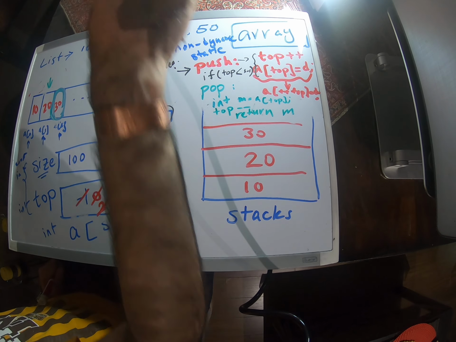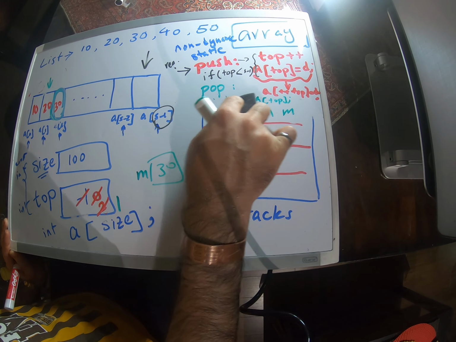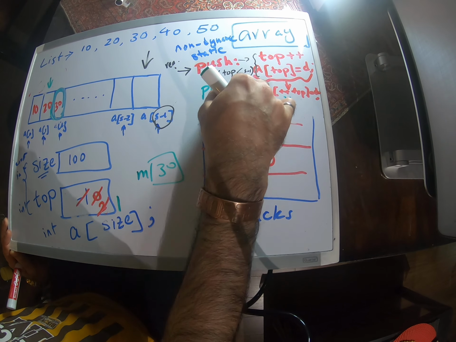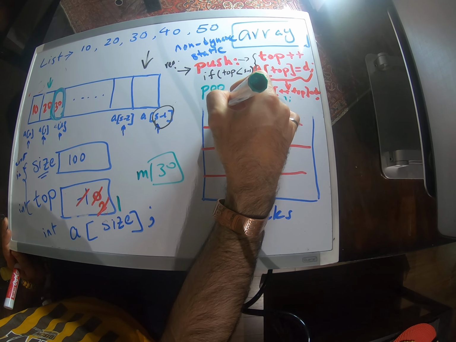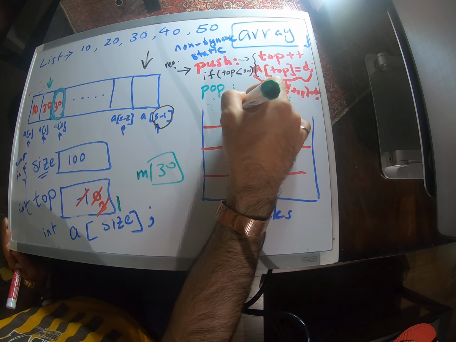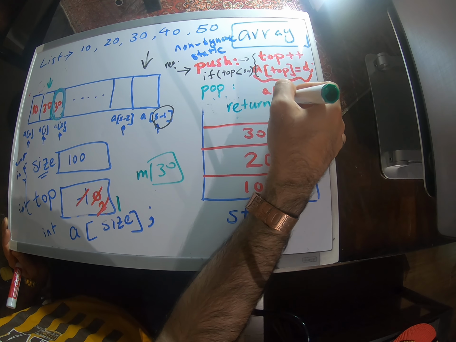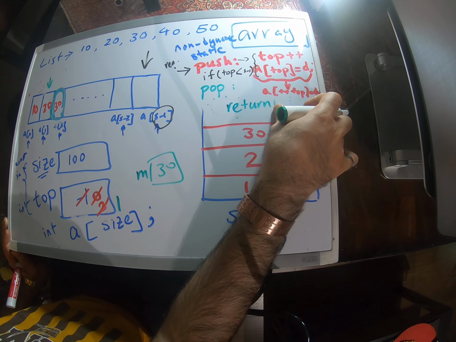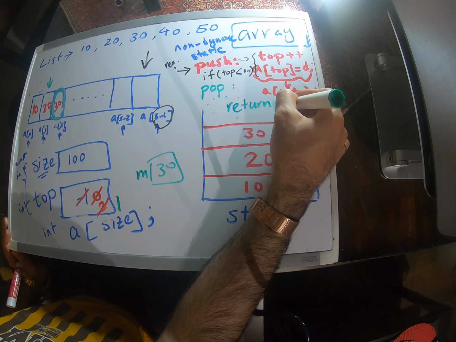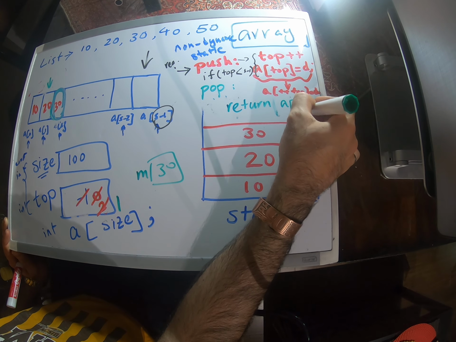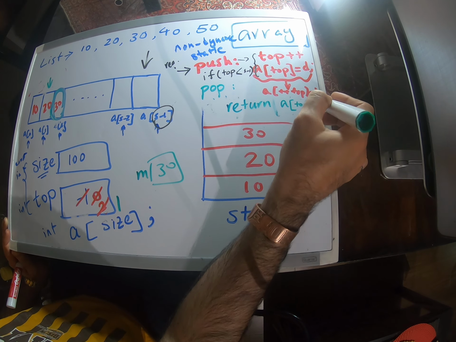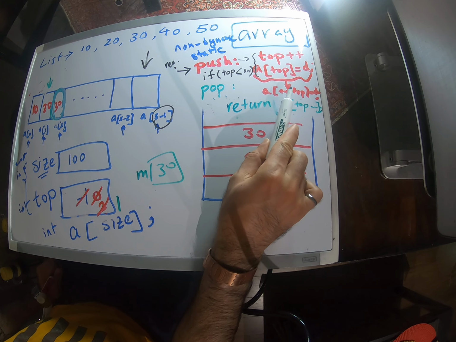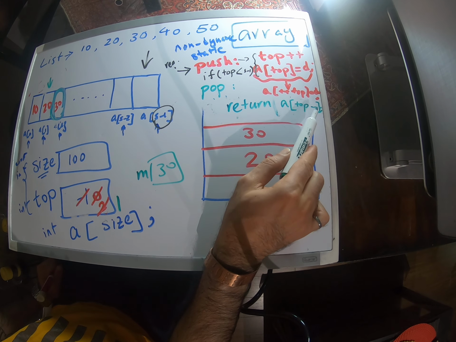But this is how we can implement the pop function. One way in C++, I can just merge these three things into something like this: return a top minus minus. I hope you are familiar with the pre-increment and post-increment.